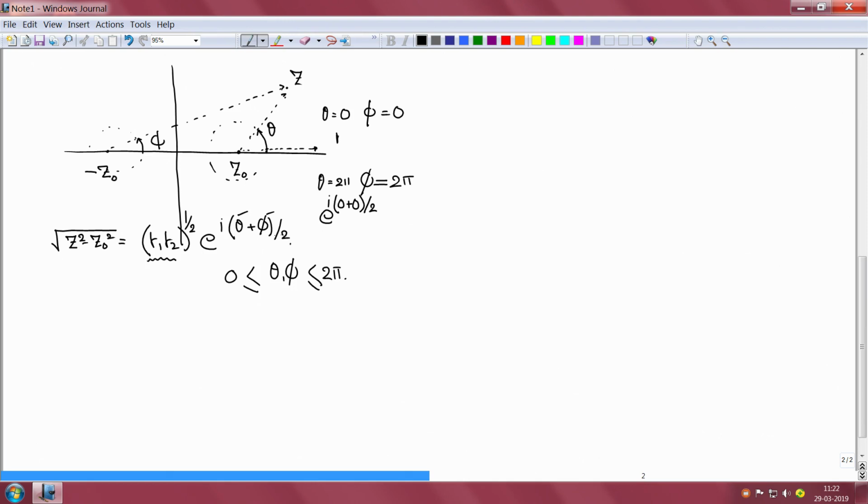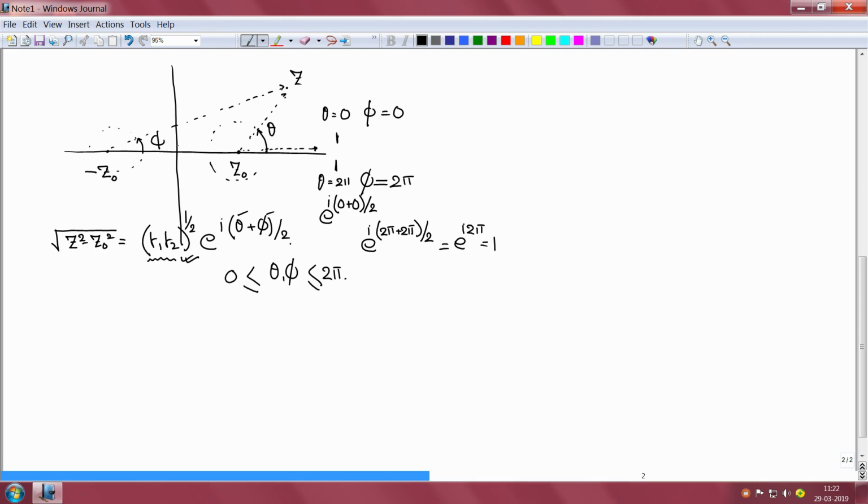So what happens? I get e to the power i (twice pi plus twice pi) by 2 for this argument, theta is 2 pi, phi is 2 pi by 2. So it is e to the power i 2 pi, which is equal to 1. So I get 1 over here also. r1 r2 to the power half is a positive number, does not cause problems.